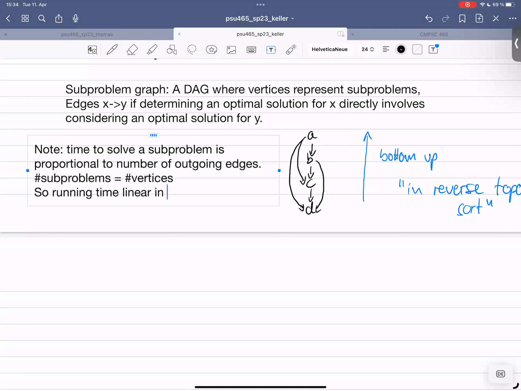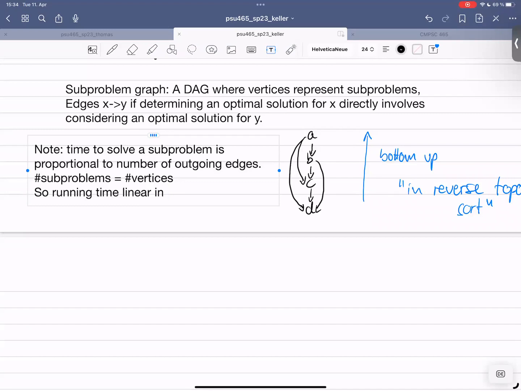So you have to solve all the subproblems, and you solve them once. And every subproblem has a running time that depends on the number of outgoing edges. So overall, order what? V plus E, exactly. So it's the total number of edges in your graph, plus the number of nodes, because you have some constant work also in your nodes.